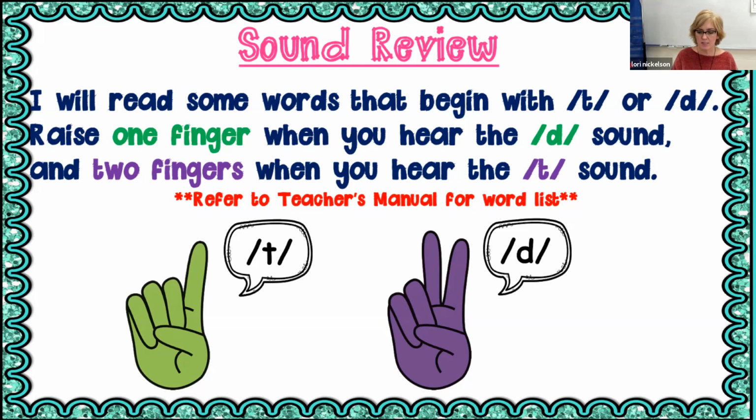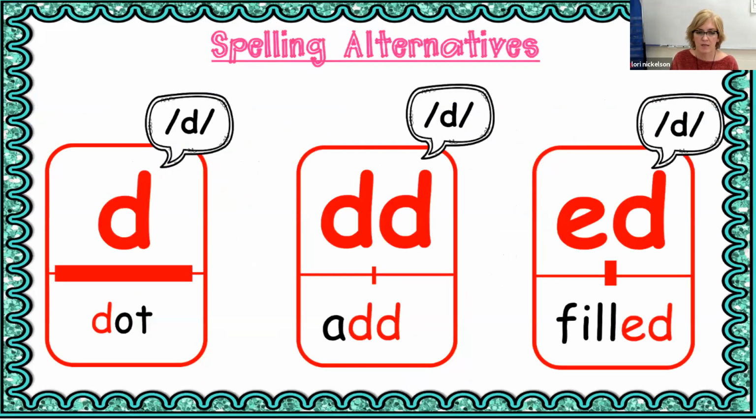You all were awesome. So remember, we have D as in dot, D as in add, and ED as in field. So we have D, DD, and ED with the D sound. Notice that power bar with the double Ds, there's hardly a power bar there.